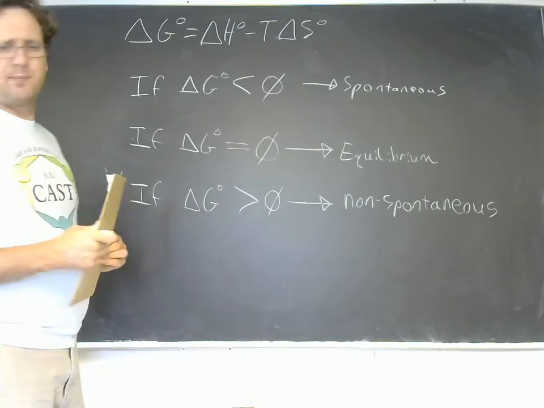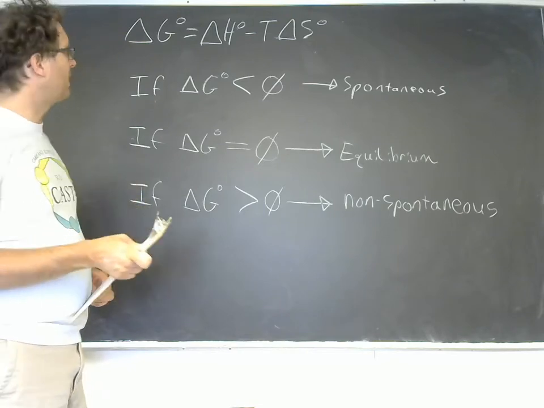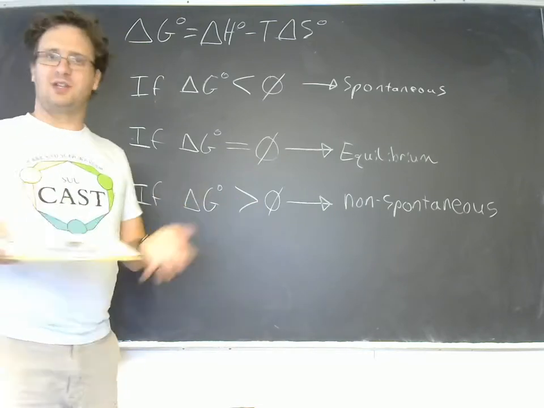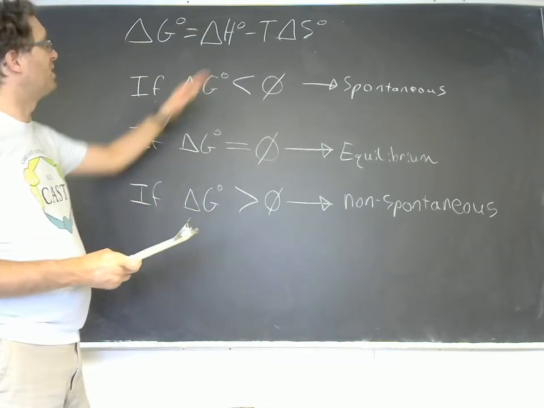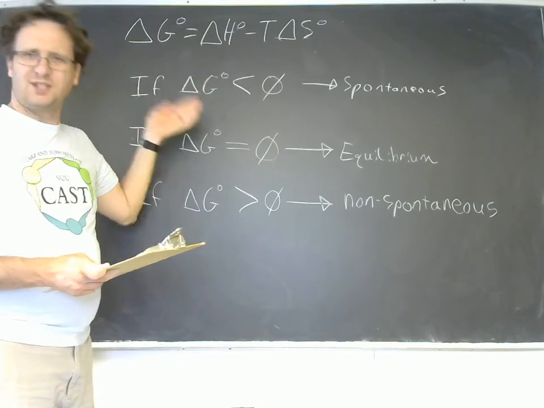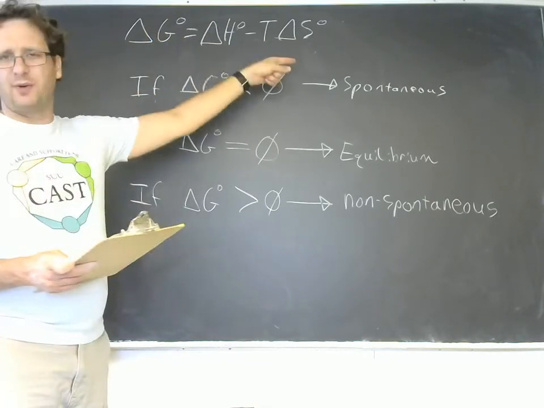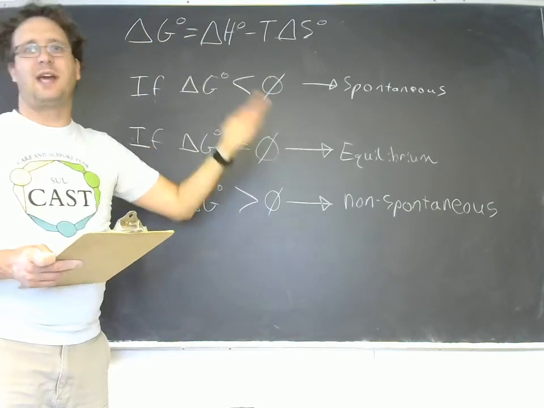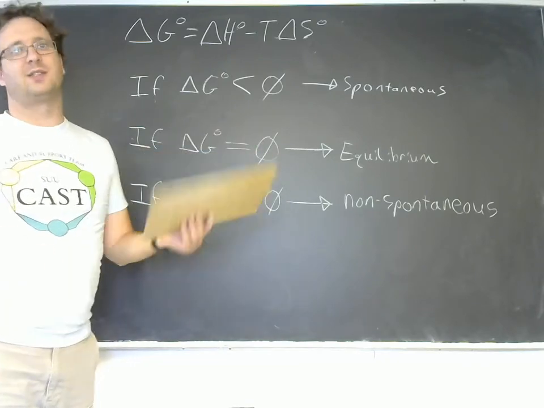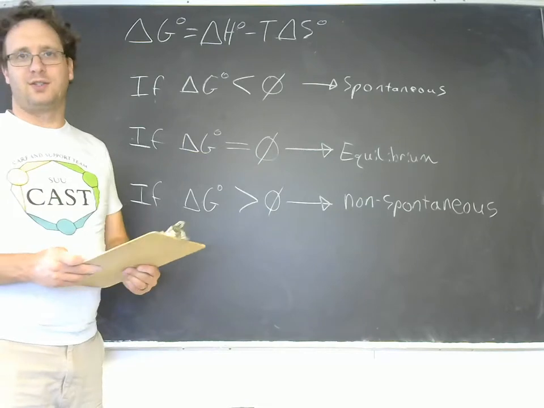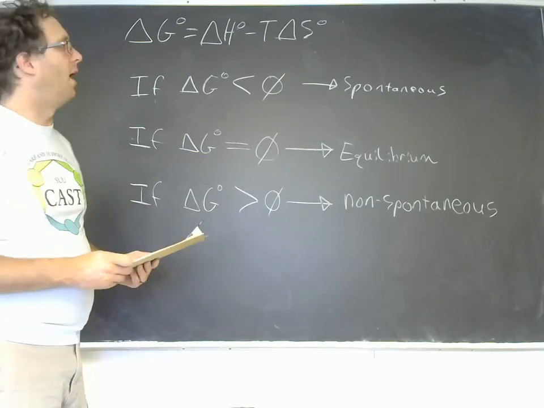And I want to point out that we can change the delta G of a particular system by changing the temperature or by changing the concentrations. Right here we have an equation that relates to standard concentrations. That's 1 atmosphere of pressure for all gases and 1 molar concentration for all aqueous species.